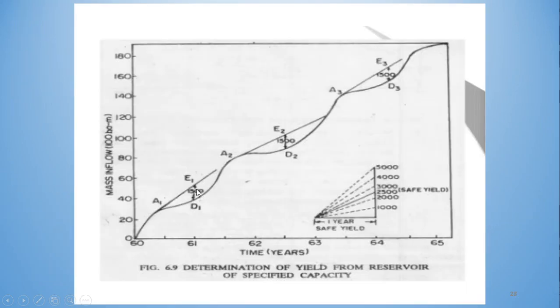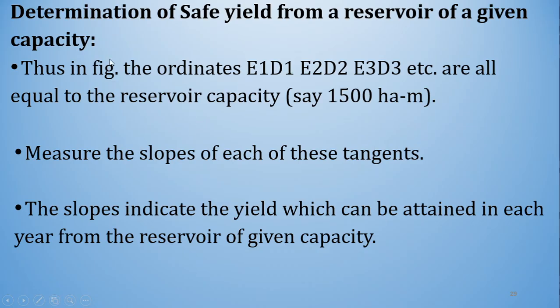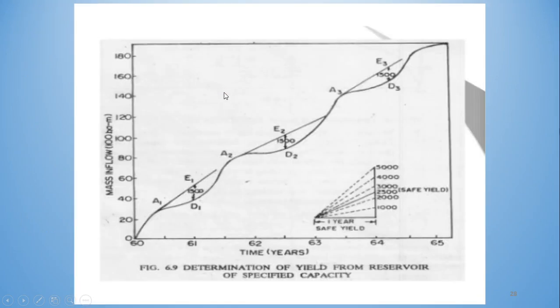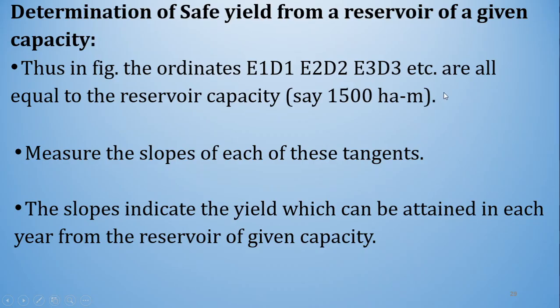If your reservoir capacity is say 1500 hectare meter, then you will not allow the tangent to deviate beyond 1500 hectare meter. So accordingly you have to adjust the tangent. Thus in the figure the ordinates E1D1, E2D2, E3D3, etc. are all equal to the reservoir capacity, say 1500 hectare meter. For this case it is considered.